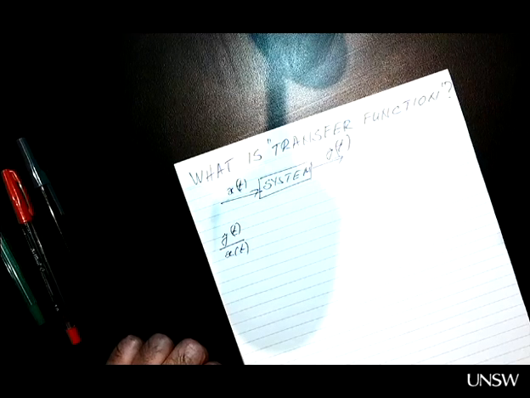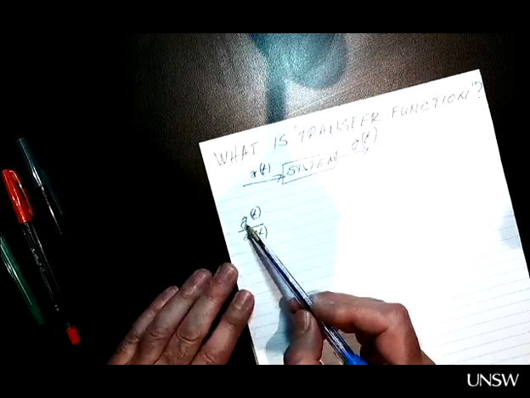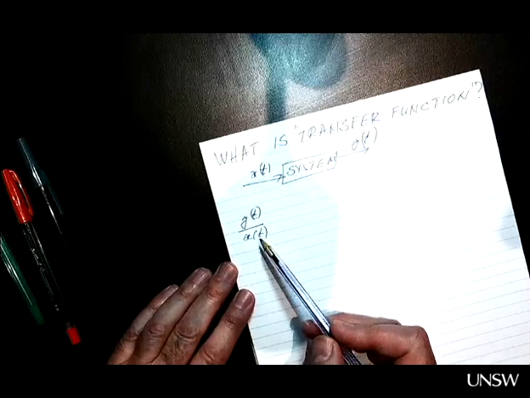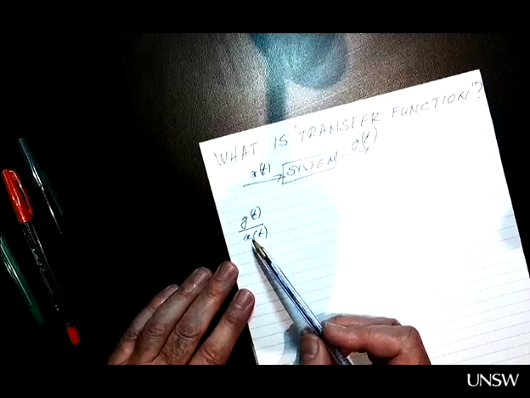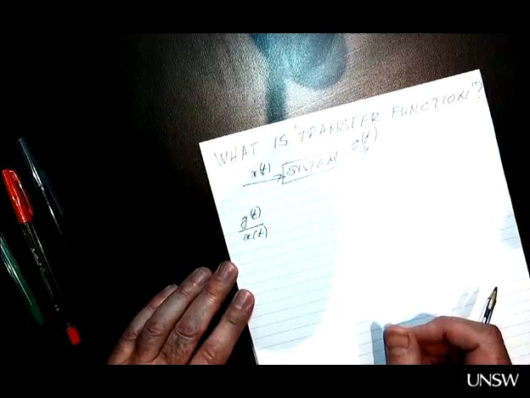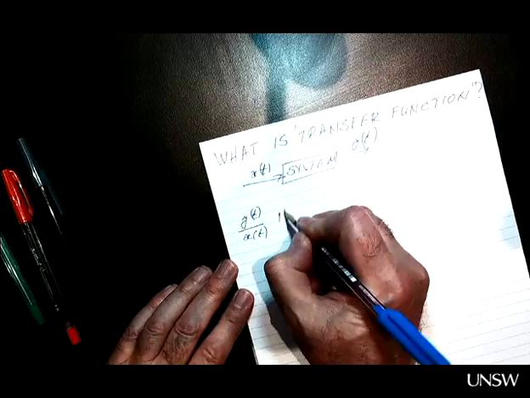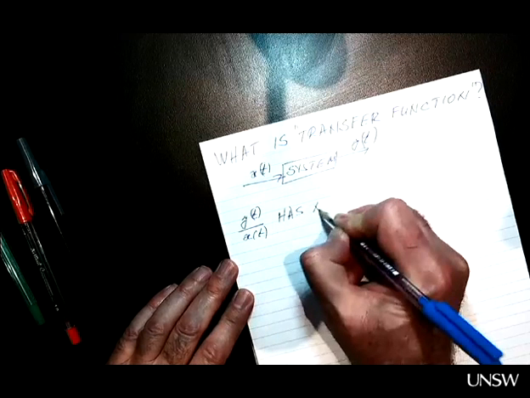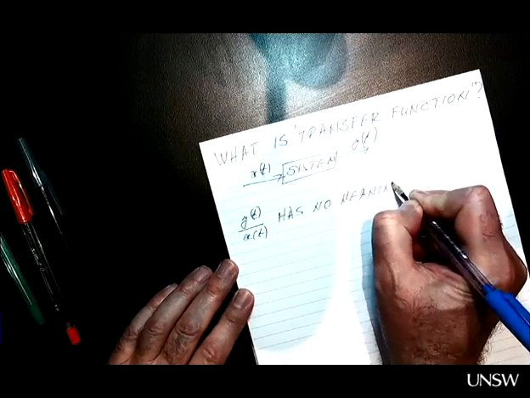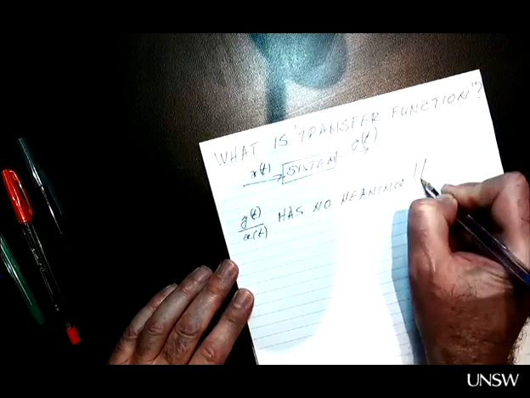Because y is a function of t, x is a function of t, so we are still in the time domain. In the time domain, this relationship has no meaning at all. This means nothing.